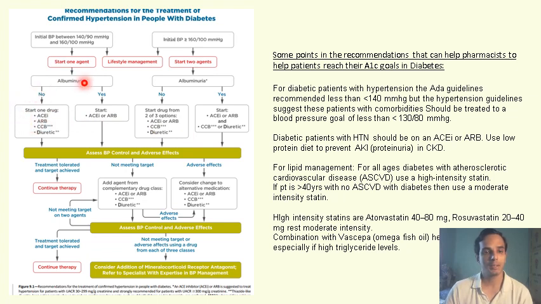So that's what they say with the American Diabetes Association: ACE inhibitor always, in all different situations. Second would be a calcium channel blocker, CCB, or a diuretic. A diuretic is very effective in decreasing blood pressure.